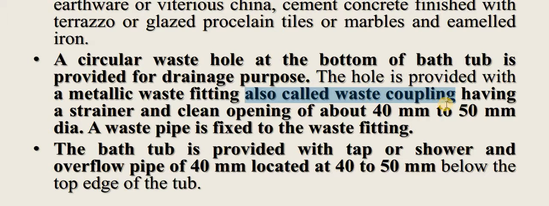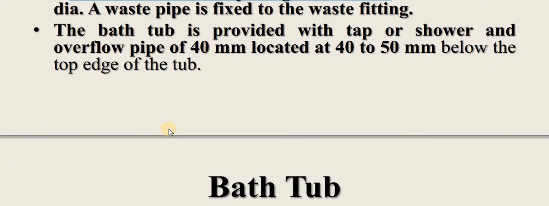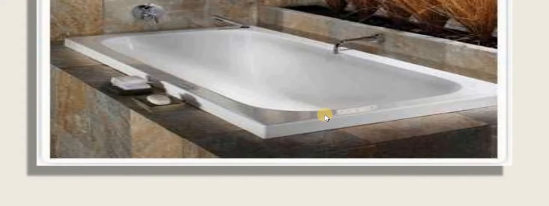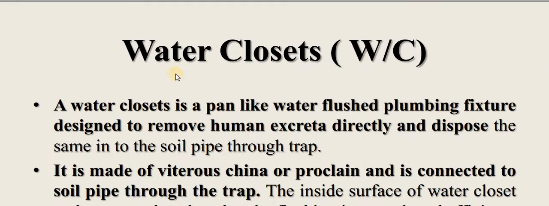The waste coupling is provided with a strainer and a clean opening of about 40 mm to 50 mm diameter. This is the actual photograph of the bathtub, and generally the waste drainage is provided at the bottom of it.